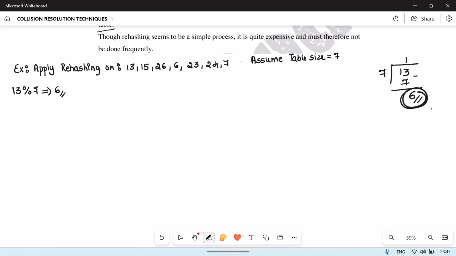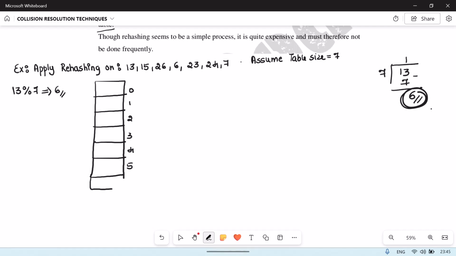So you draw the hash table here, with 7 elements. So the indexes are 0, 1, 2, 3, 4, 5, and 6.